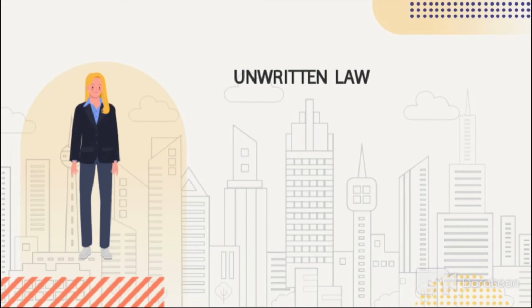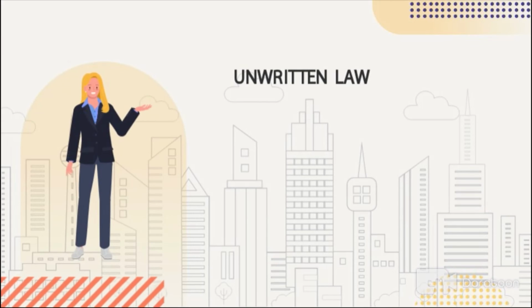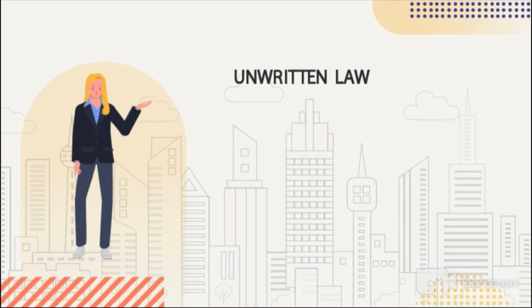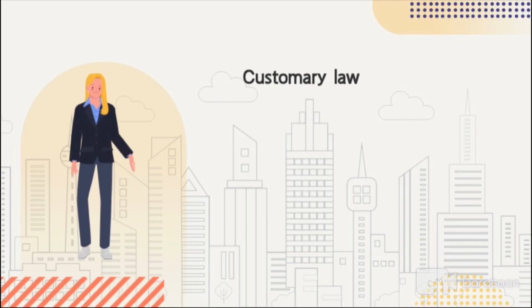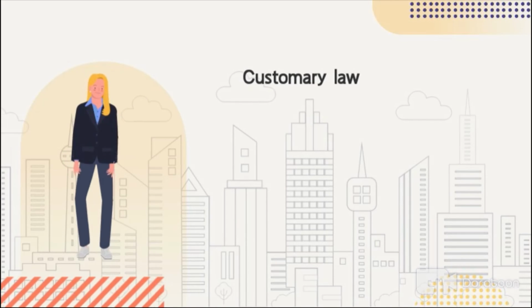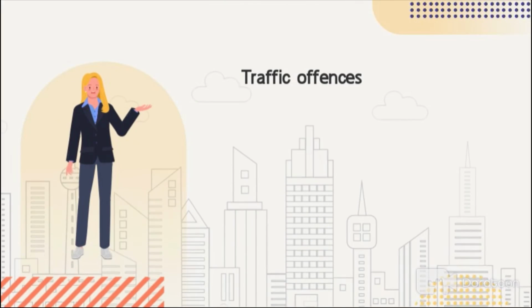Next, we move to unwritten law. Unwritten law consists of three. Number one, we have customary law. Customary law consists of customs that are accepted as legal requirement or obligatory rule of conduct, practice, and belief. Number two, we have traffic offences.